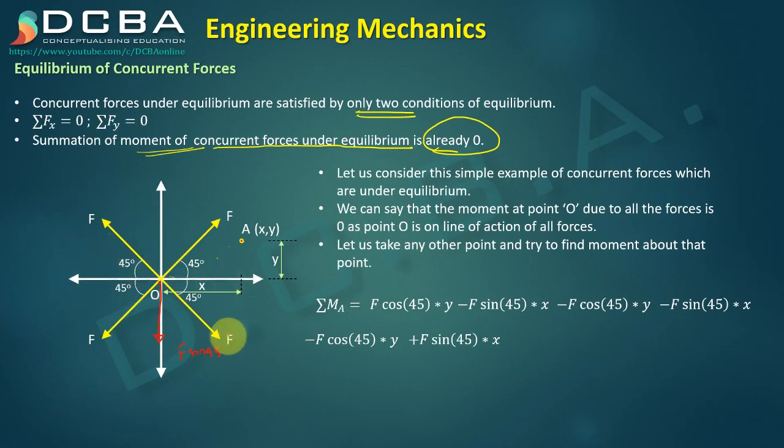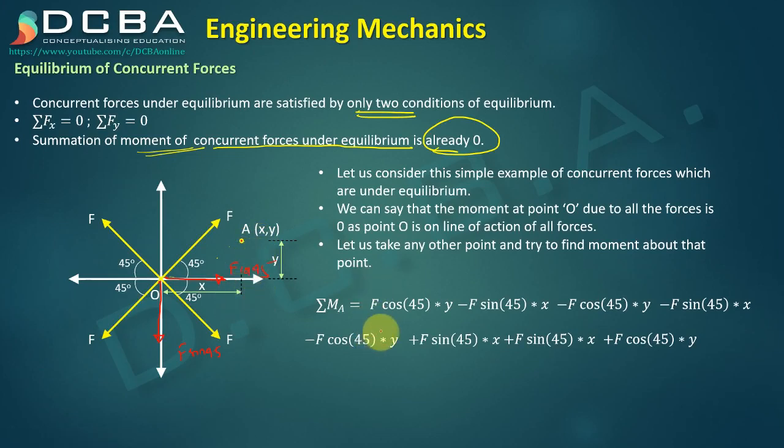Coming to this last force F, we have F cos 45 in the right direction and F sin 45 vertically downward. F cos 45 multiplied by y is causing an anti-clockwise moment, so it's positive. And F sin 45 multiplied by x again causes an anti-clockwise moment, so it's positive.